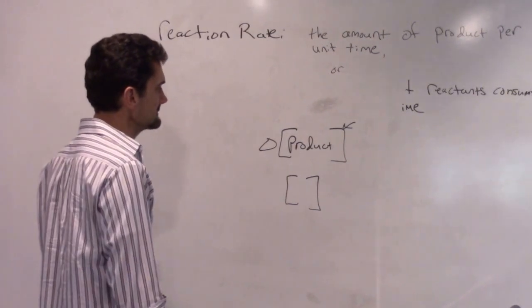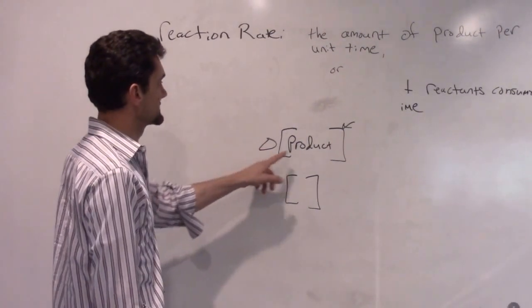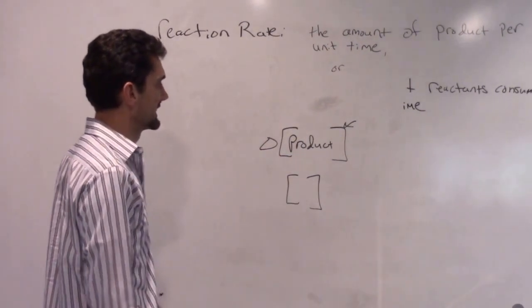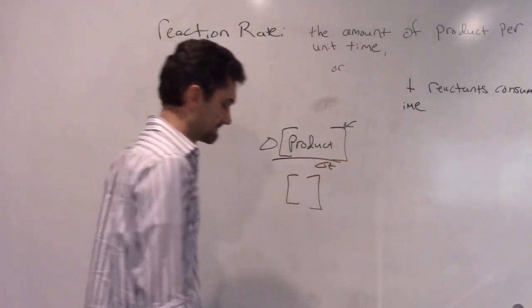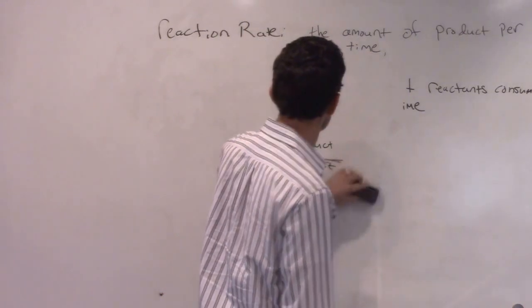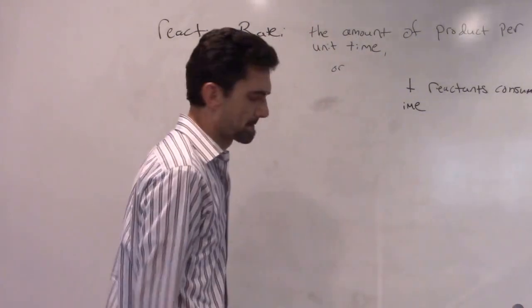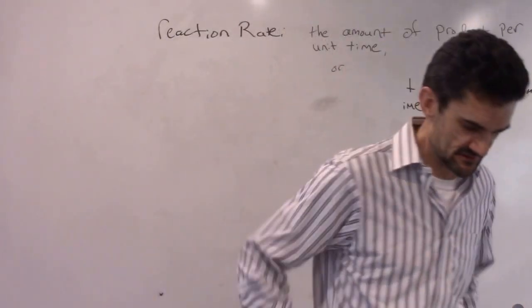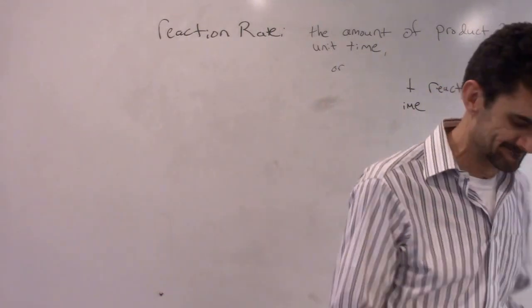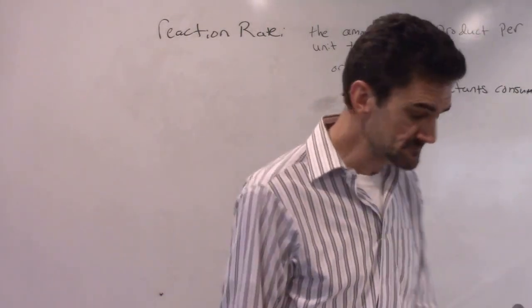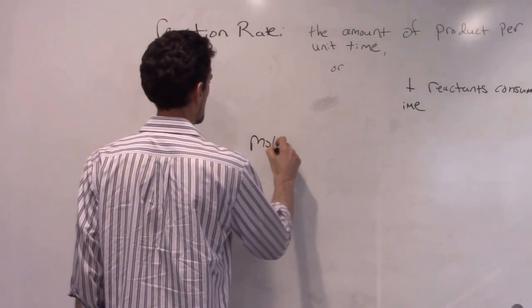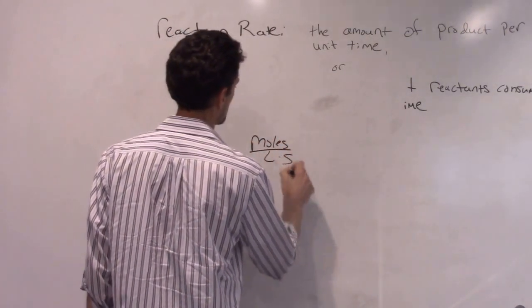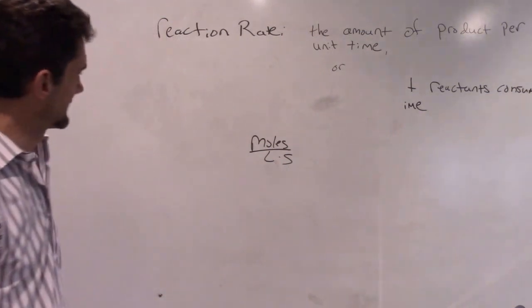All right, so it's a change in the concentration of the product over time, over delta T. The amount of product, the concentration of product. So actually, it's moles per liter per second.